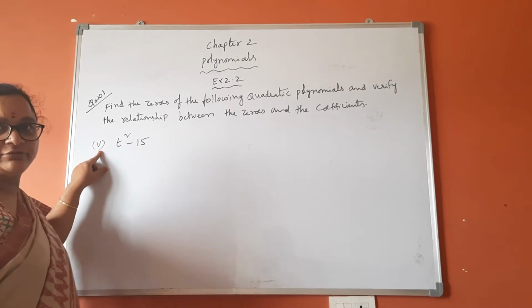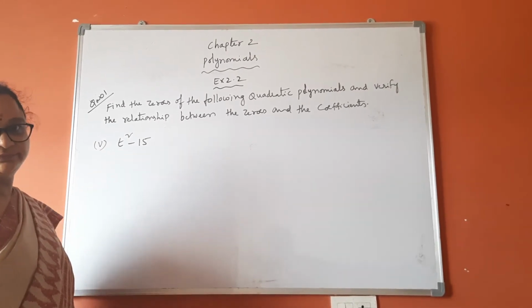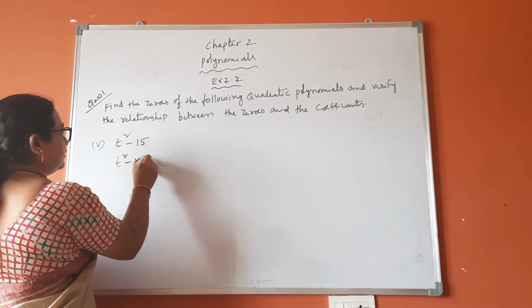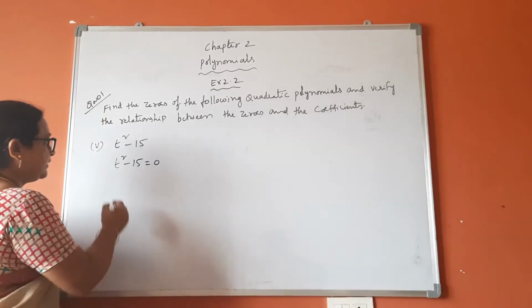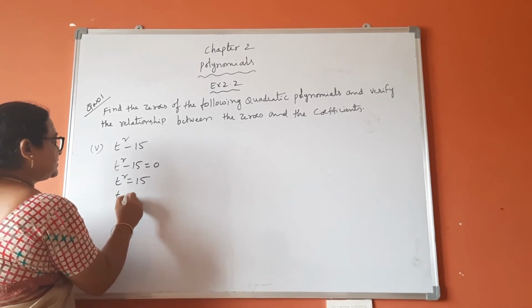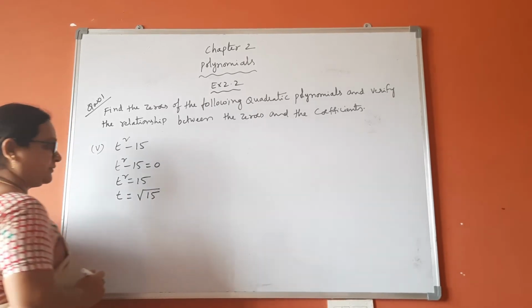Question number 5. The polynomial is t square minus 15. For finding zeros, we equate it to 0. Then t square is equal to 15. Then t is equal to square root of 15.